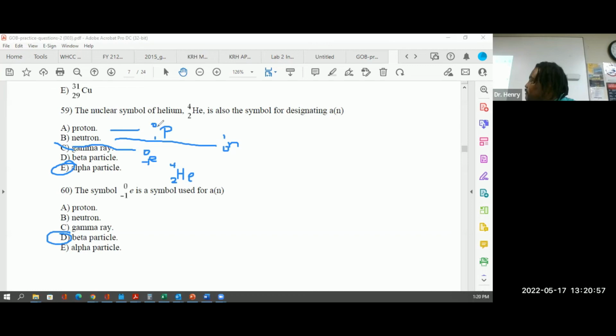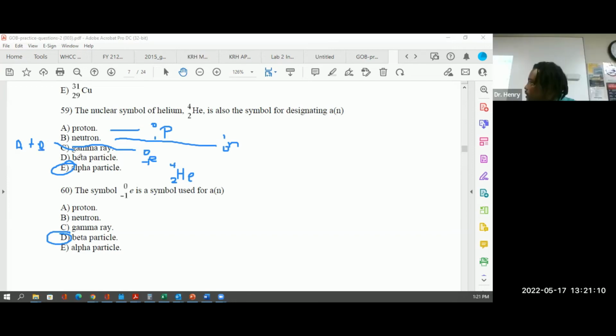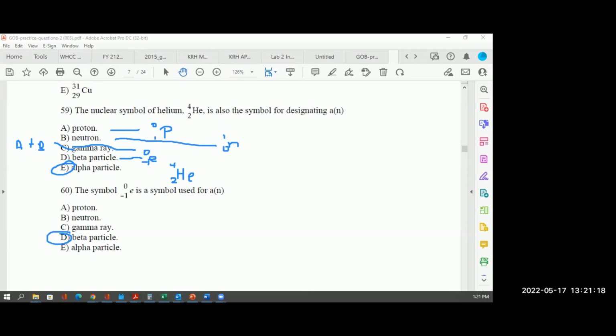Gamma is a combination of A plus B. That's going to be your gamma. Okay, that makes sense then. A plus B is gamma. Okay, so this is my bad.